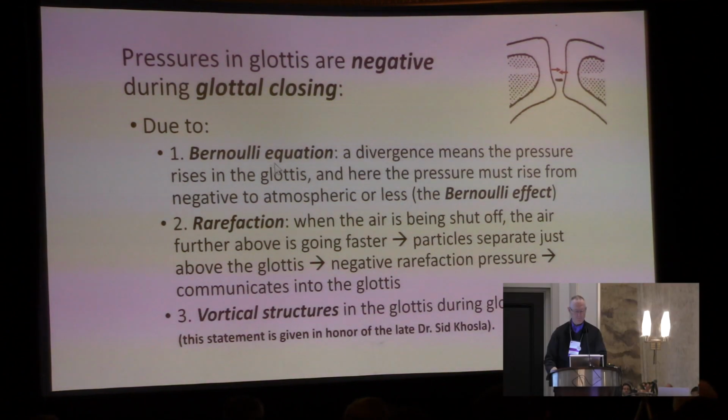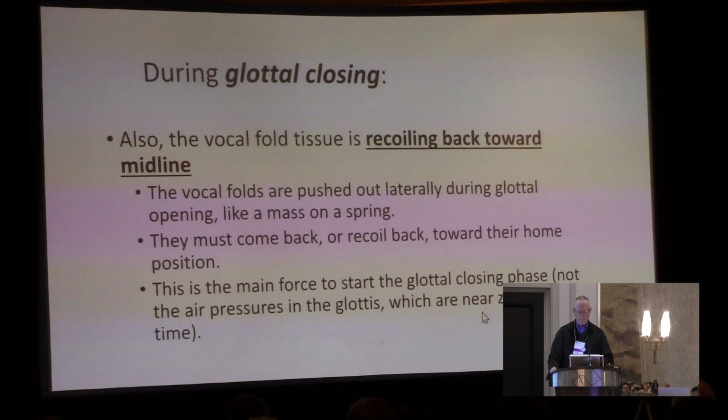And that negative pressure again is due to Bernoulli, the rarefaction. And I want to stress this: it's also potentially due to vortical structures in the glottis during that closing phase, especially when the angle is larger. And this statement is given in honor of Sid Khosla, who passed away recently.